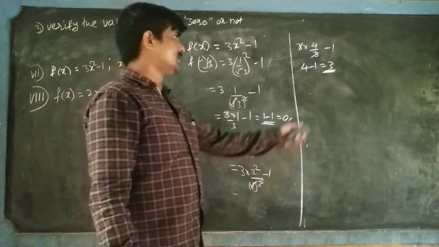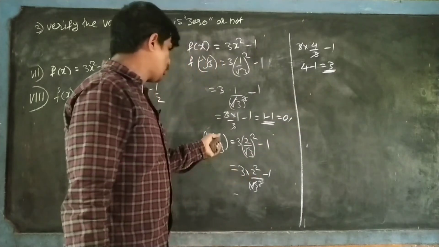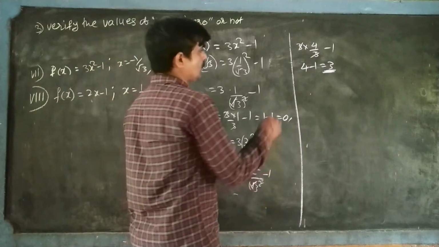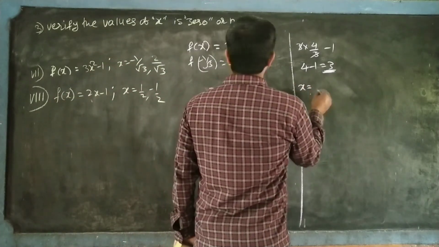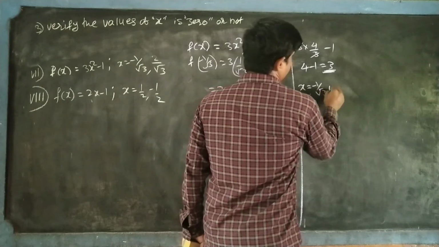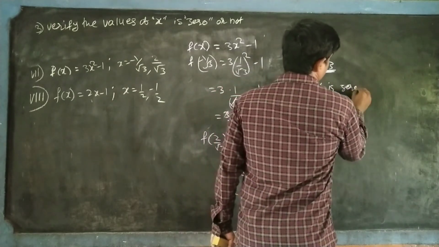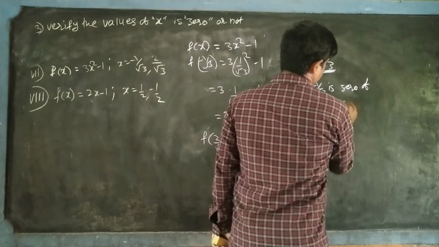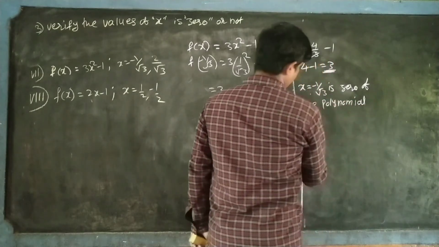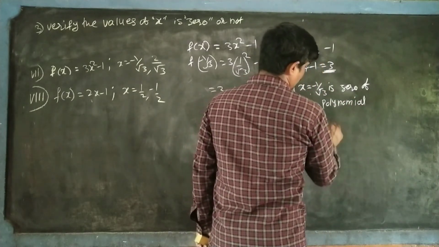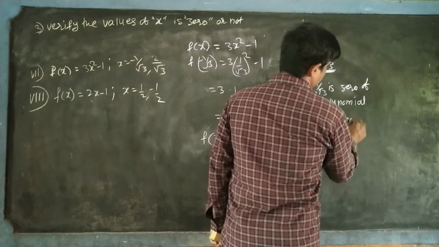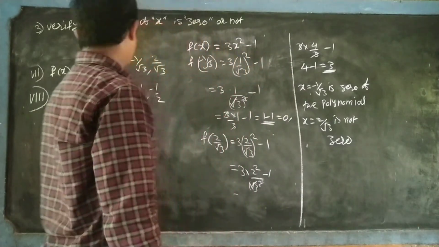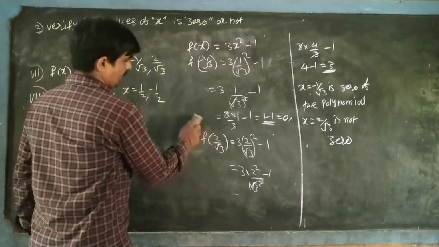So x is equal to 2 by root 3 is not a 0. X is equal to minus 1 by root 3 is a 0. Therefore, x is equal to minus 1 by root 3 is the 0 of the polynomial, and x is equal to 2 by root 3 is not a 0 of the given polynomial. Okay? Right. Next again one.